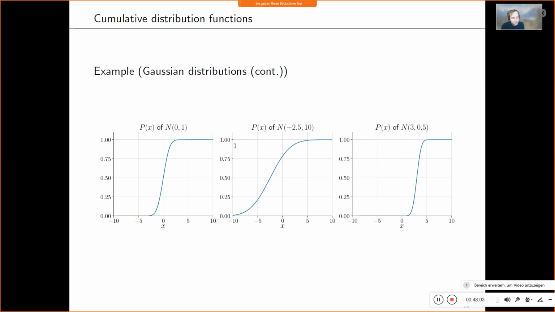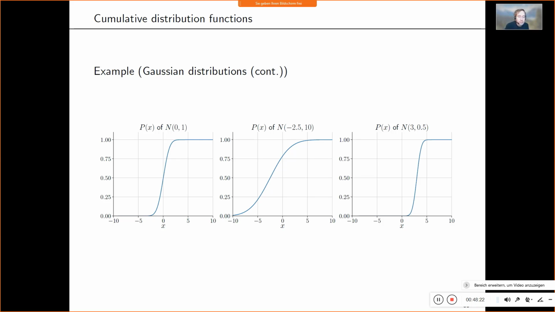So for example, in hypothesis testing, we have a probability that we want to ensure. For example, we want to make sure that the probability for a random variable to take on values smaller or equal to 0.05.